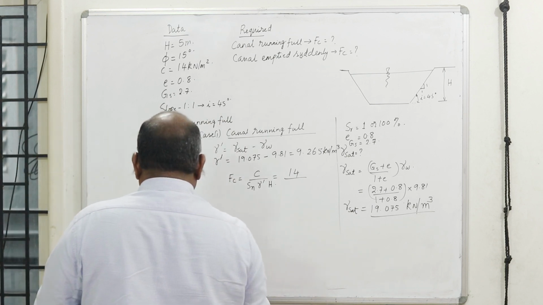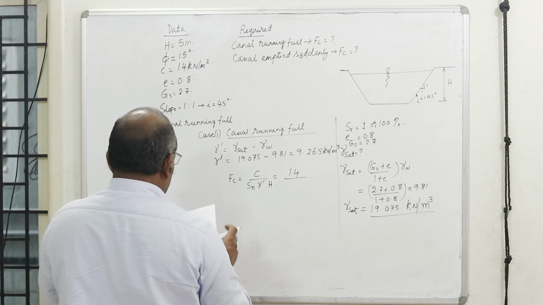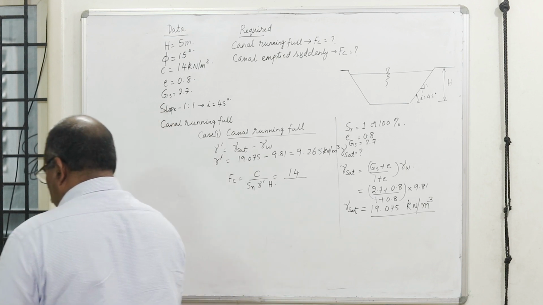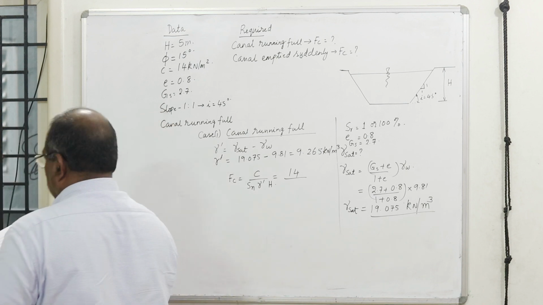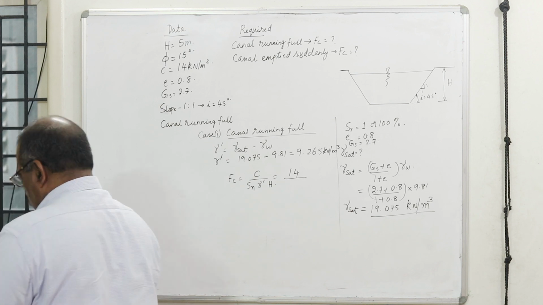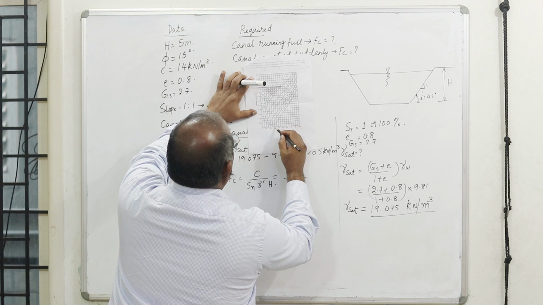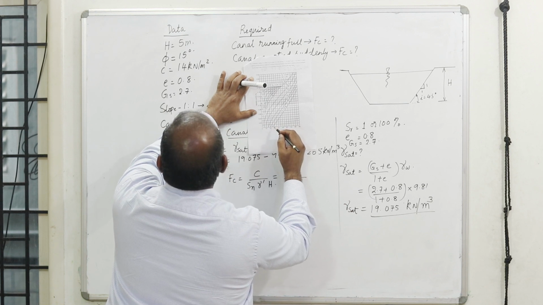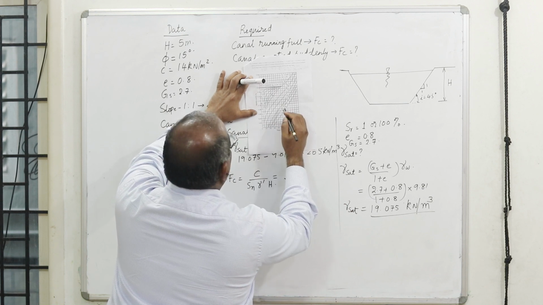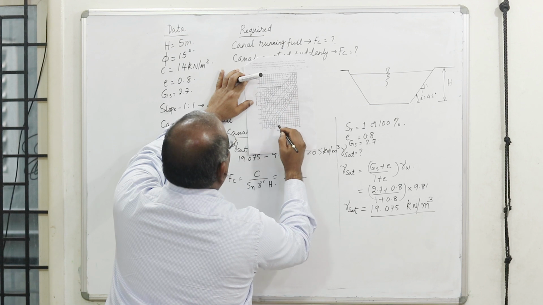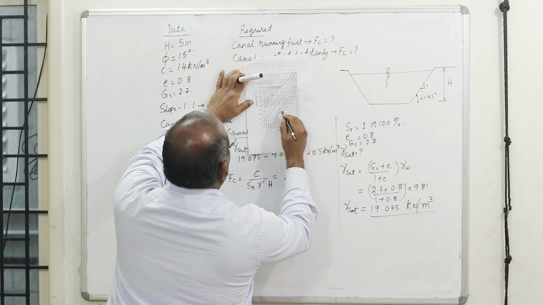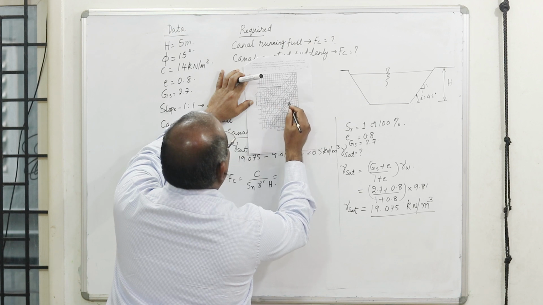For the slope angle 45 degrees, for the given value of phi as 15 degrees, if I read out from my chart, the chart is here. This is 15 degrees. Slope angle is 45. For 15 degrees, if I read out, this is 25, 20 and 15.